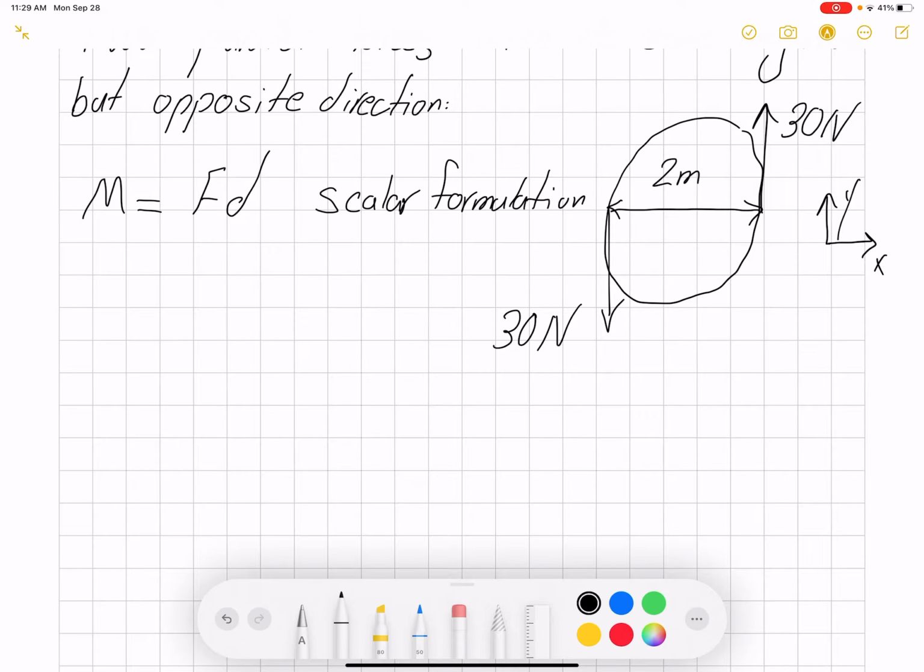F is the magnitude of one of the forces, so we don't need to add the forces together, it's just using the magnitude of one of the forces.